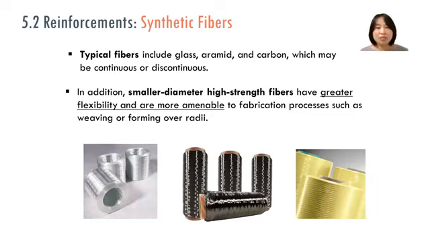The main types of synthetic fiber used in a composite material, there are three main types. First one, glass fiber. Second one, in the middle, carbon fiber. And the third one, the yellow one, Kevlar. Okay, these are three main types of fiber used in the composite industry.